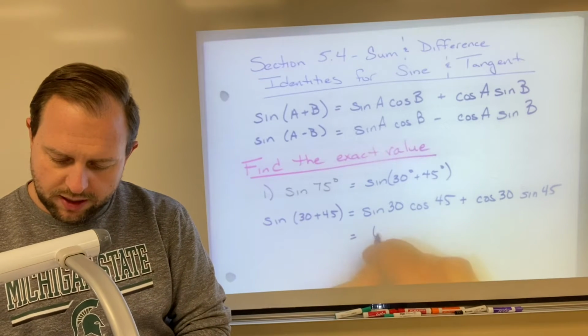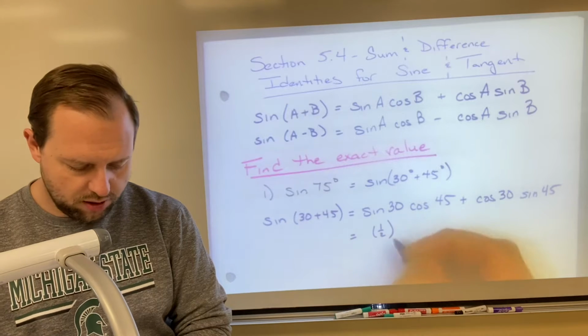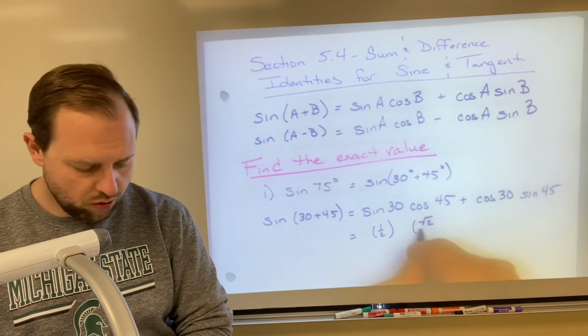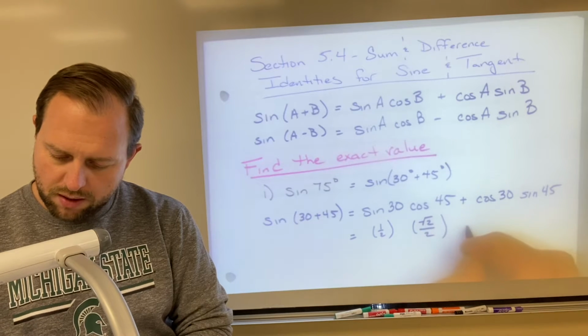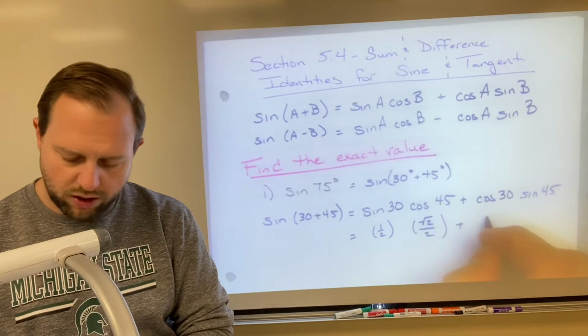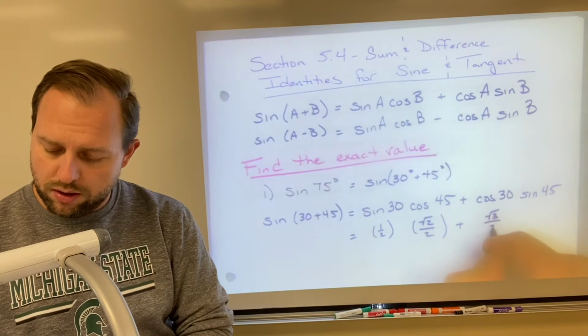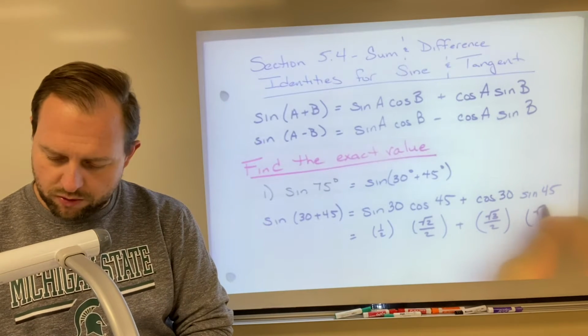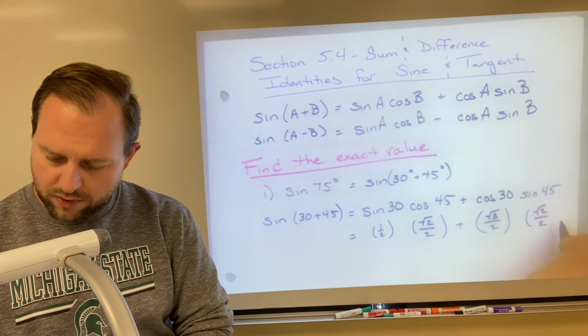Sine of 30 is 1/2. Cosine of 45 is root 2 over 2. Plus the cosine of 30 is root 3 over 2. And the sine of 45 is root 2 over 2.